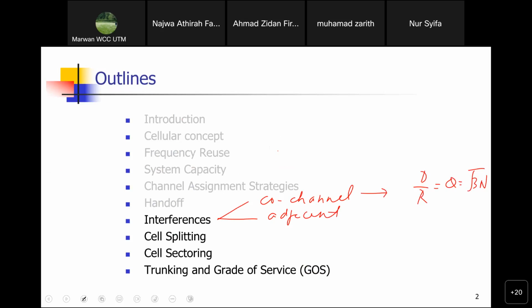The adjacent channel interference, the way to deal with it is channel assignment, to make sure that adjacent channels are not going to be available in the same cell.